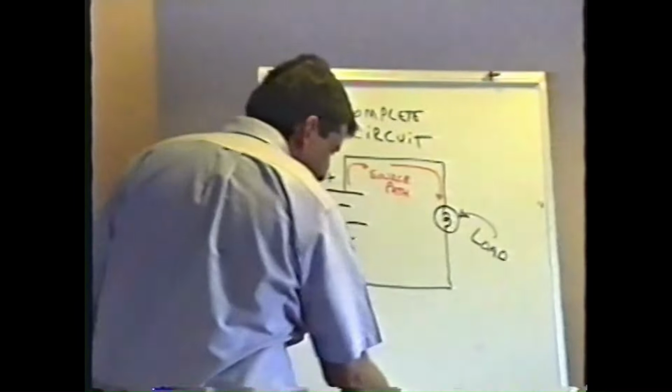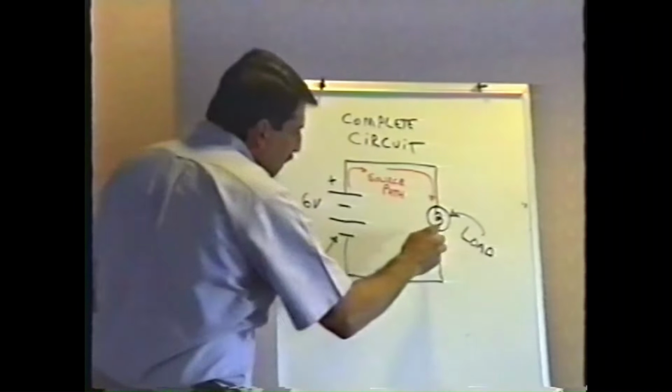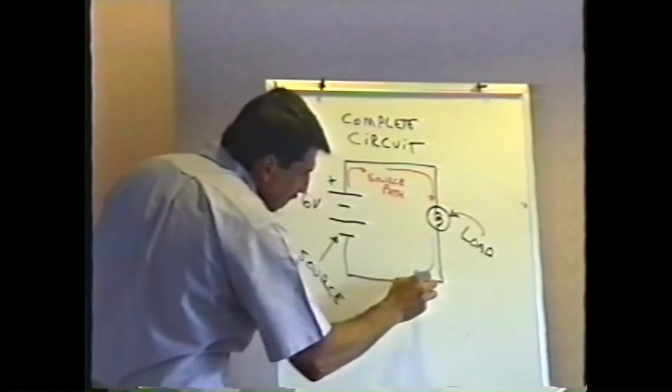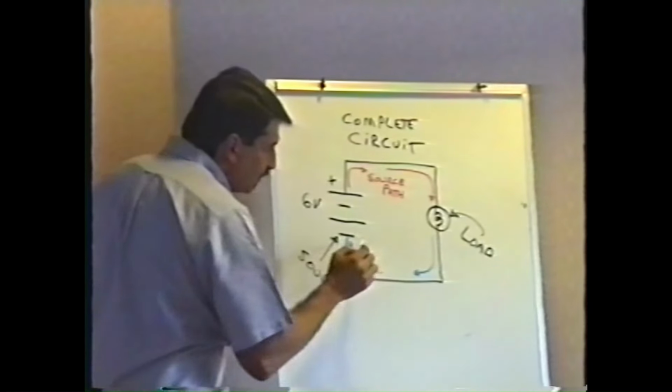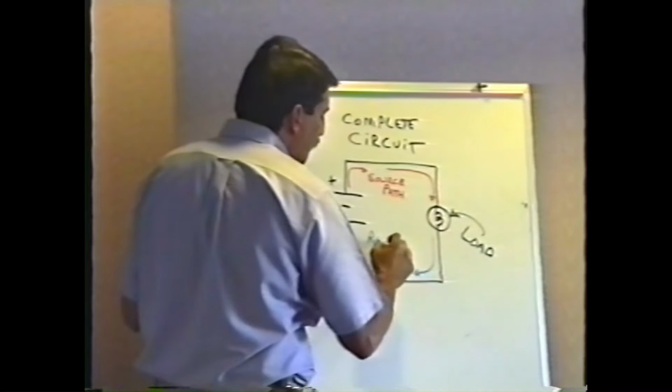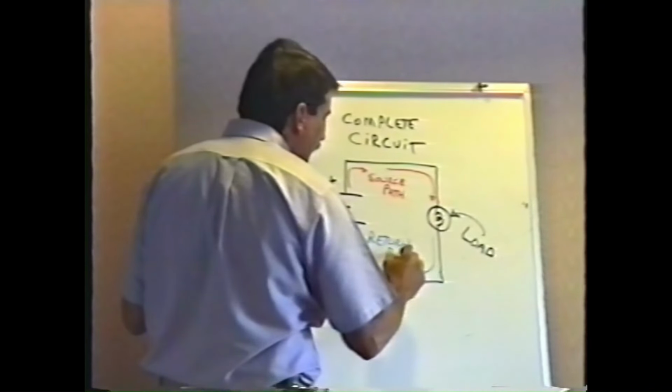So you need not only a way to get the power from the source to the load, in this case the light bulb, but you also have to have a way to bring the electric current back from the load back to the source to get the thing to light up. So we need not only the source path, but we also need the path that brings the electric current back from the load to the source. This is very important. This is known as the return path.